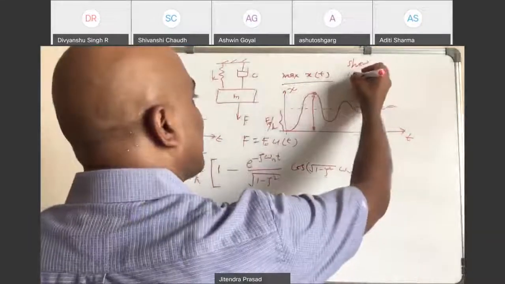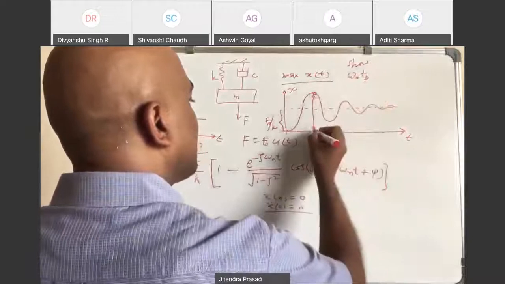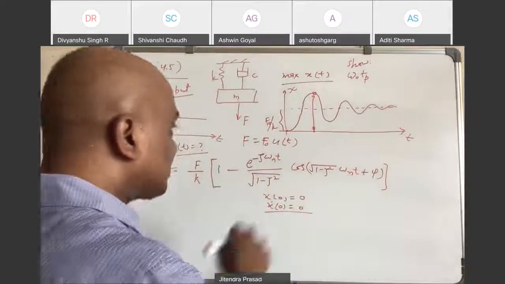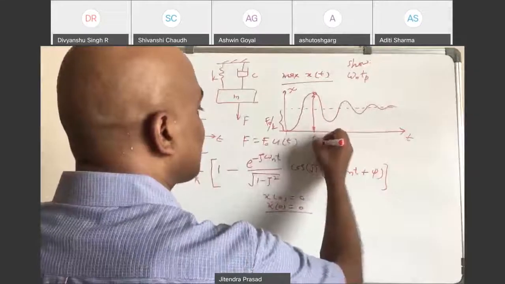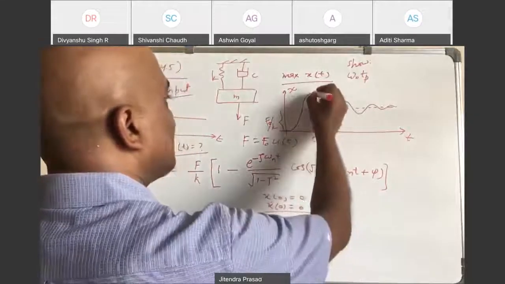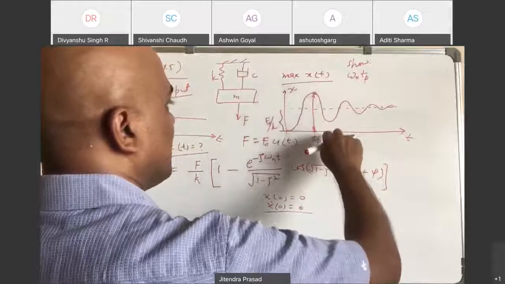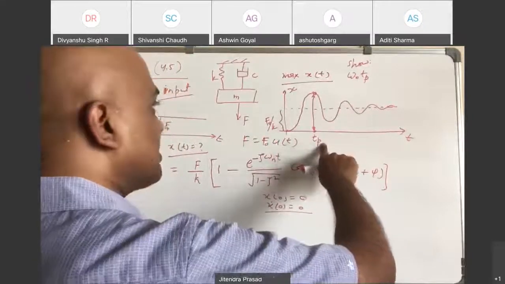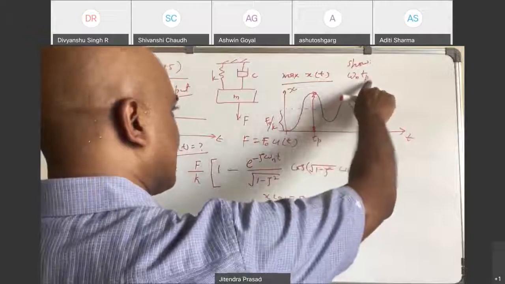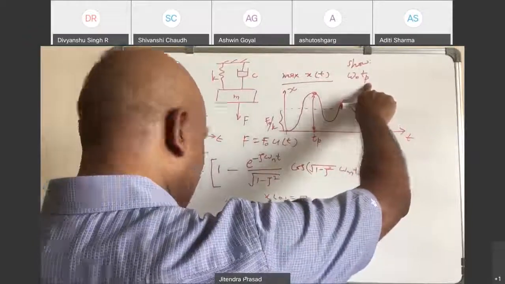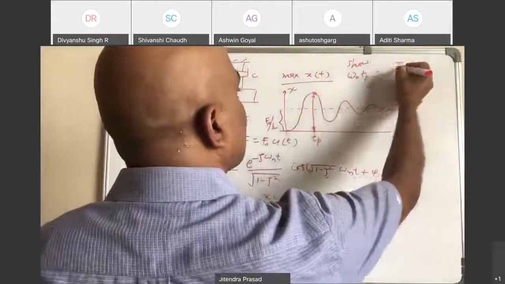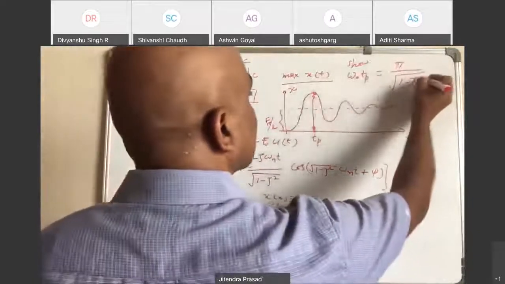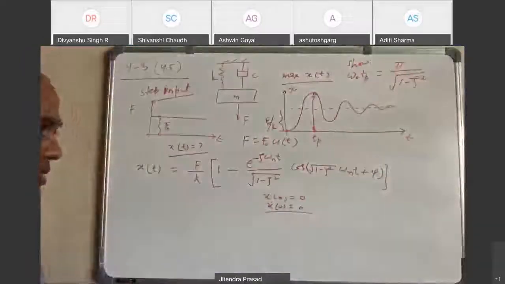This is the time Tp, the time at which the peak x occurs. You have to show that omega n times Tp is equal to pi over root 1 minus zeta square.